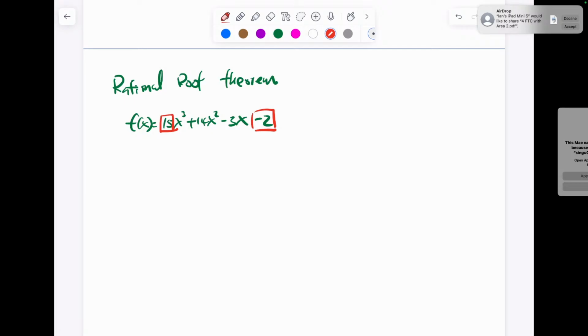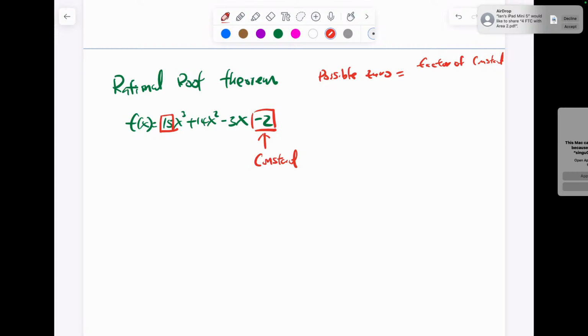Okay, so what it's saying is the possible zeros equal the factors of the constant over the factors of the leading coefficient. Which one's the constant? This one's the constant. Is that okay?